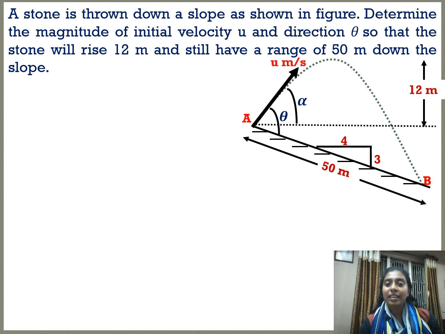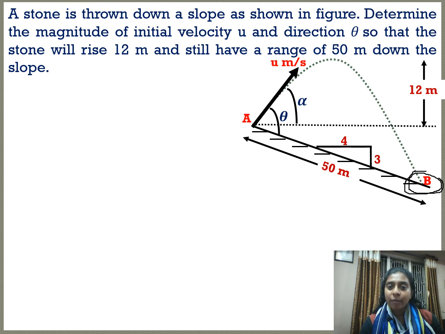Here the target B is lying below the horizontal line. So now a stone is thrown down a slope as shown in the figure. Determine the magnitude of initial velocity u and direction theta, so that the stone will rise 12 meter and still have a range of 50 meter down the slope.